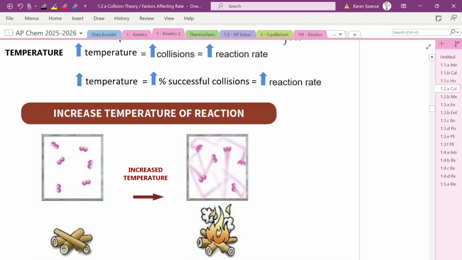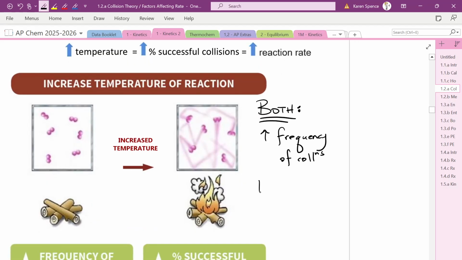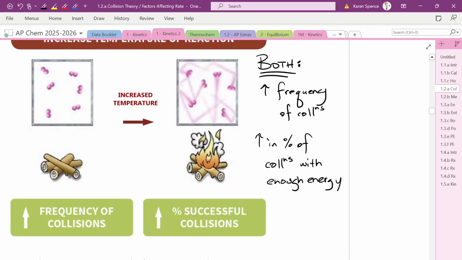So you get both an increase in the frequency of collisions and an increase in the percent of collisions with enough energy to react.